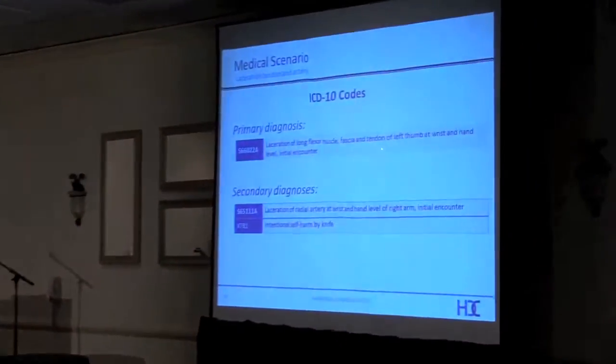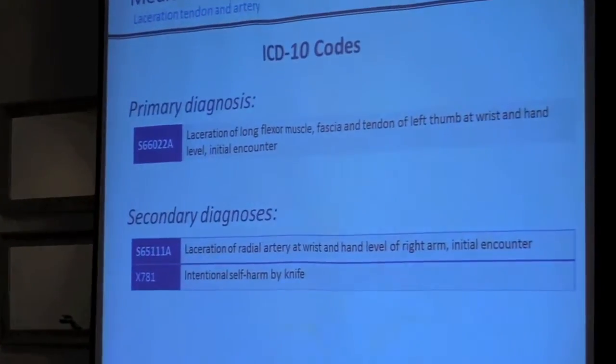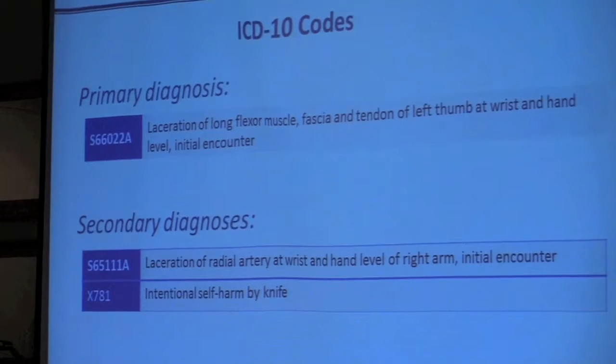But we're certainly going to be involved in treating that laceration of the flexor pollicis longus. So what would our primary diagnosis be? Since my primary reason for being there was laceration of the long flexor muscle, fascia, and tendon of the left thumb at wrist, initial encounter.